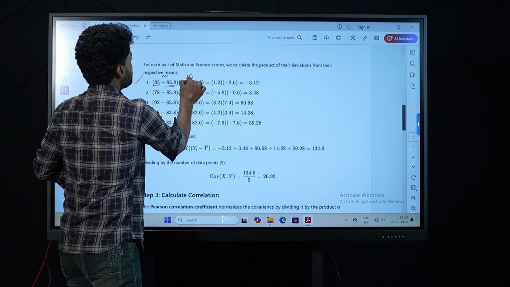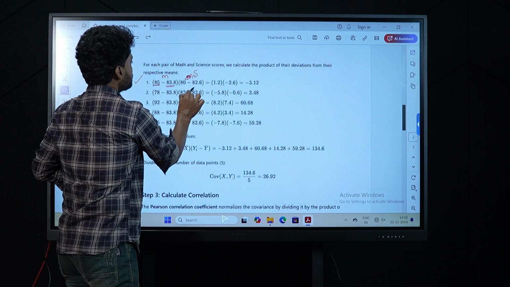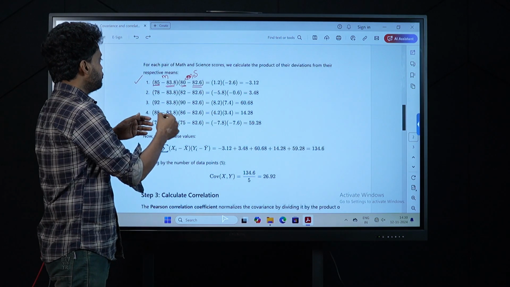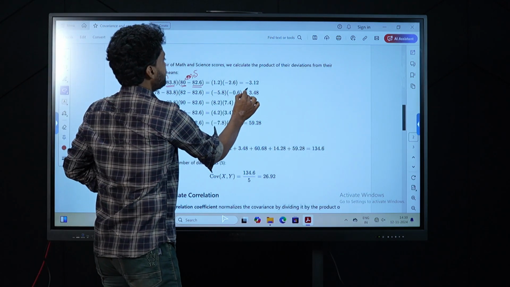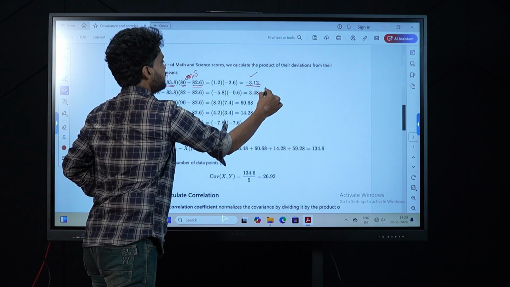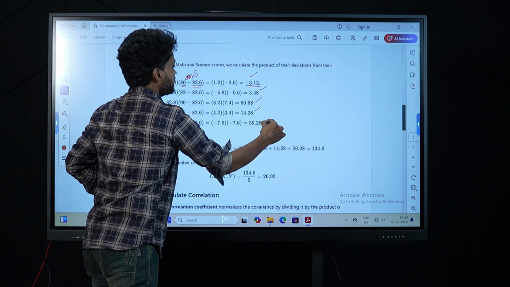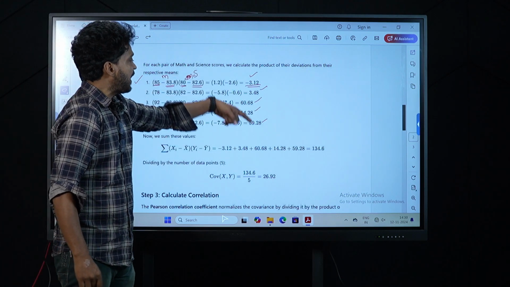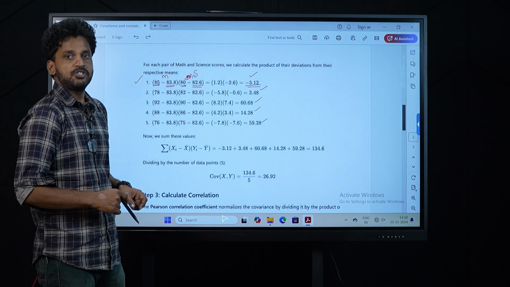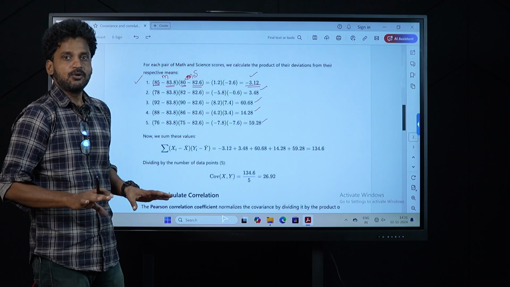With respect to science, the mean 82.6 should be subtracted from the variable 80. When you multiply them, you get -3.12. This is the first product, then the second product, third product, fourth product and the fifth product. When you add them together and divide by the total number of data points, you get the covariance.